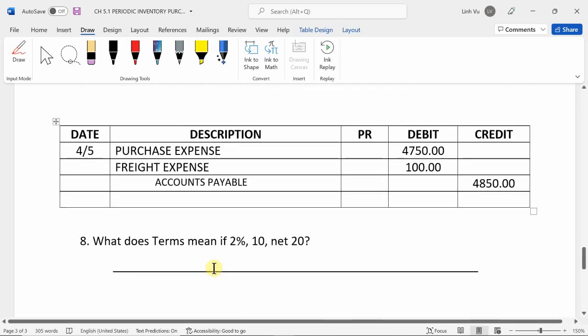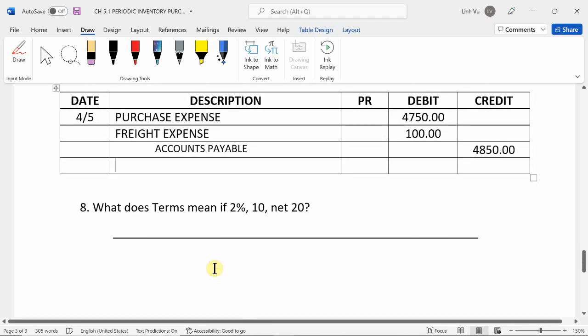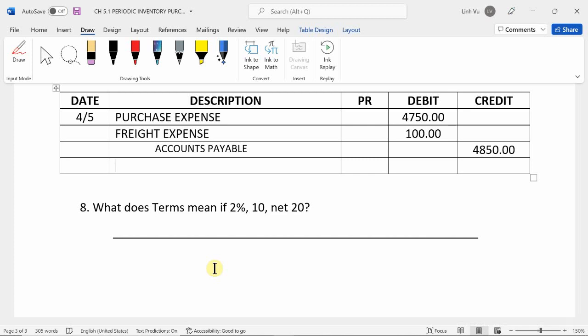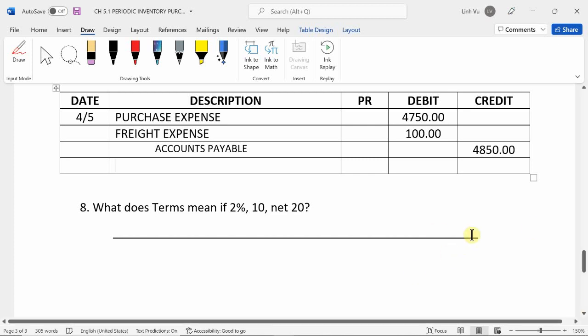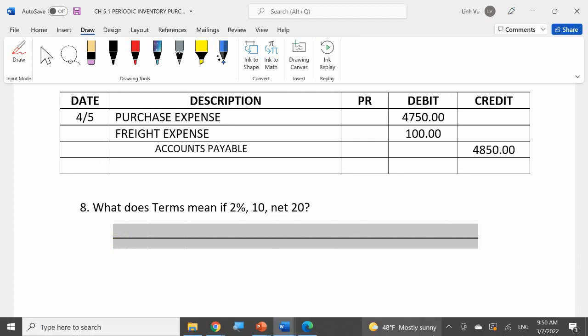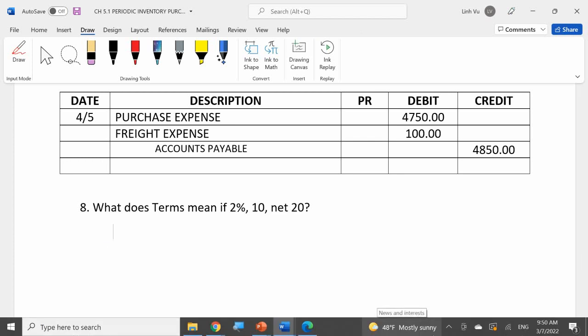Right? And then last question of this worksheet here. What does terms mean if 2% 10 net 30? What does this term mean? 2% 10 net 20.